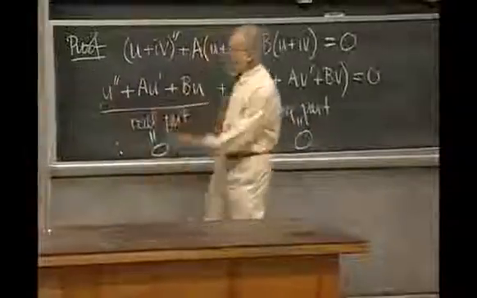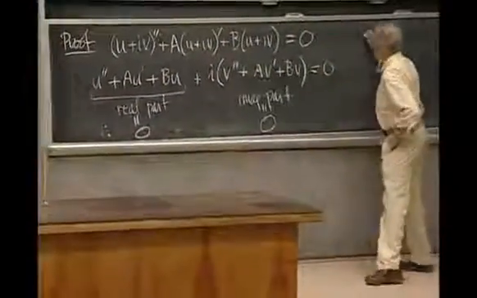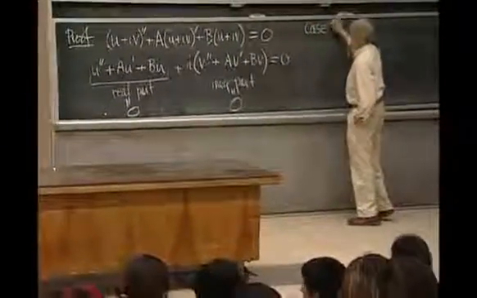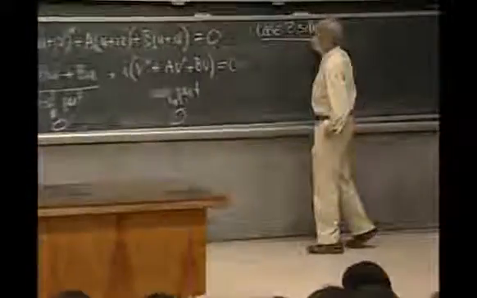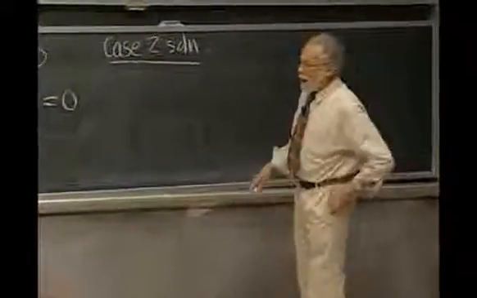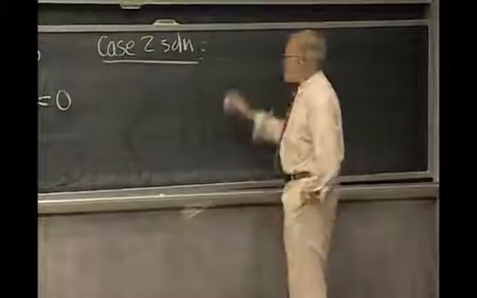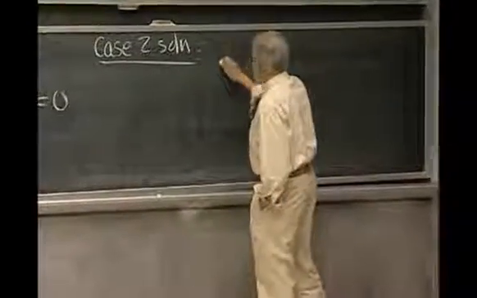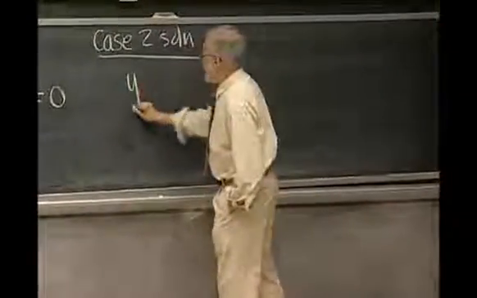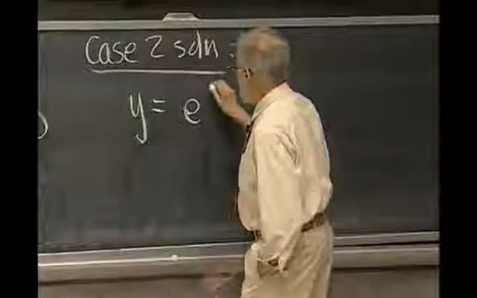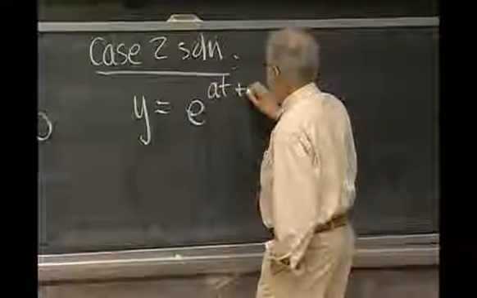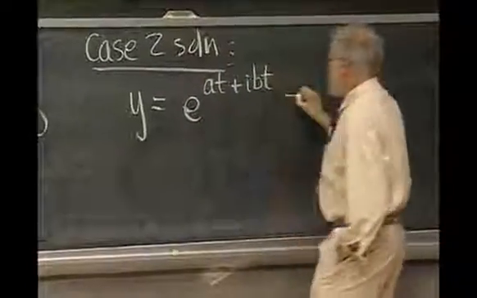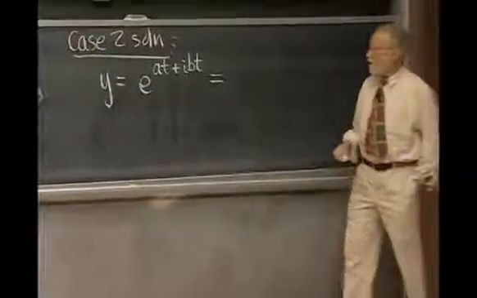Well, so then what is the case 2 solution? What are the real and imaginary parts of y equals e to the (a plus bi) t? Okay, you've had experience, you know how to do this now.